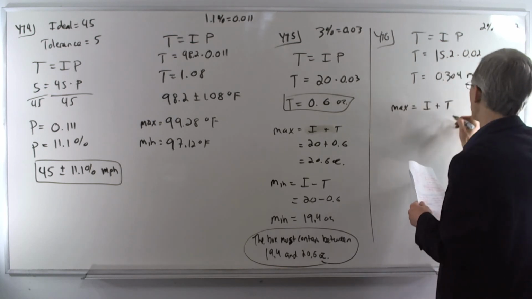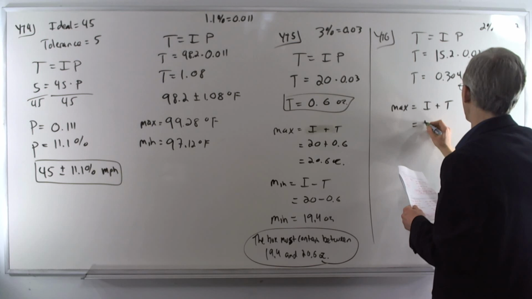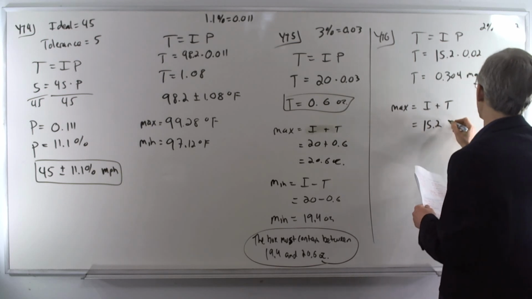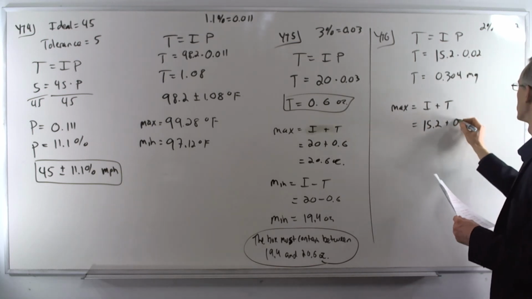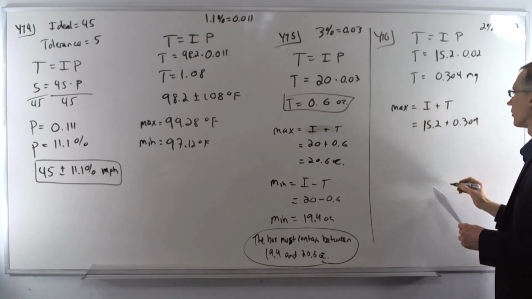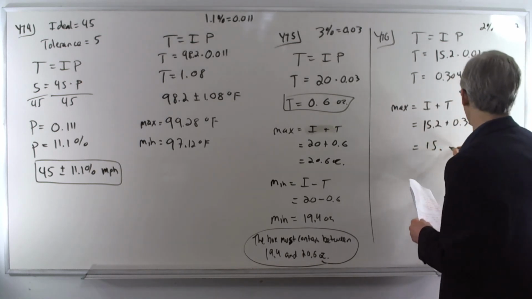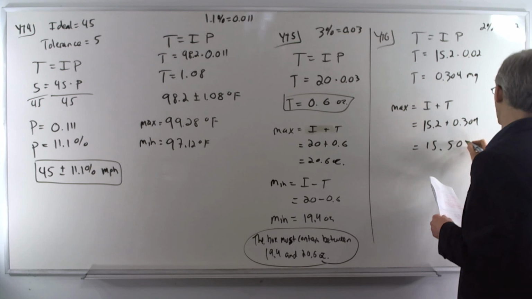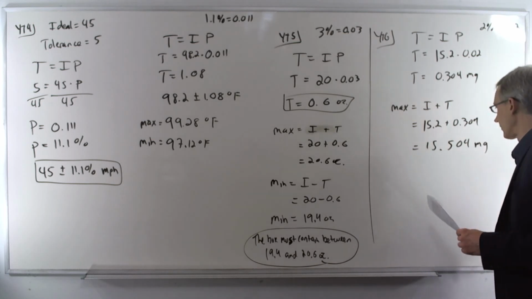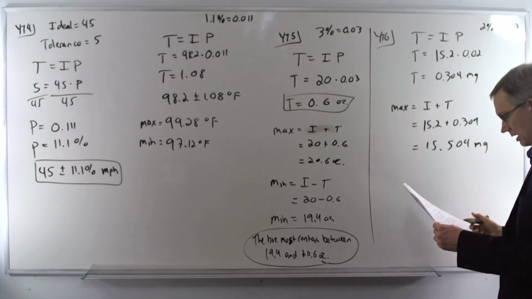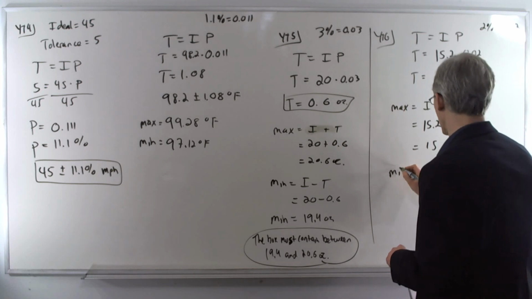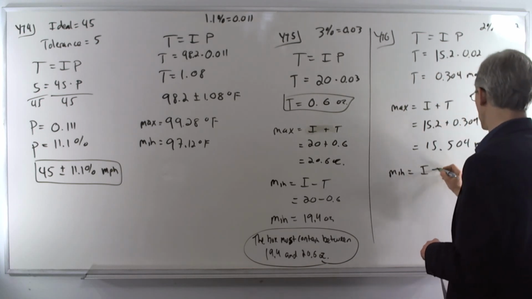So find the max. Ideal plus the tolerance gives us 15.2 is the ideal dosage plus the tolerance of 0.304, and we get 15.504 milligrams. And now for the minimum, that's going to be the ideal minus the tolerance.